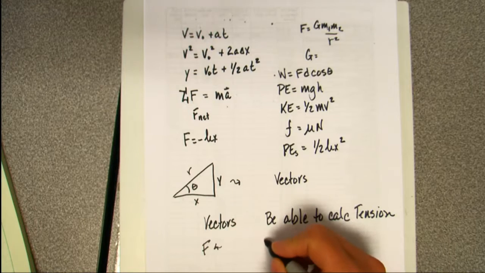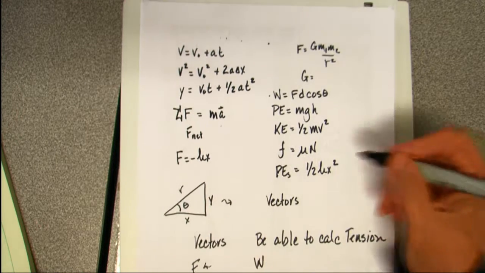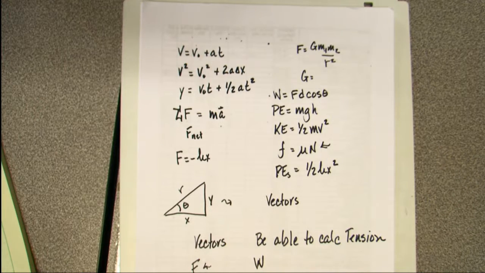You want to look at work and be able to calculate the work given certain aspects. I'm getting ready to do the loop-to-loop problem to kind of look at that part of it. You want to look at conservation of energy and be able to use it. You may have to include friction and you may not have to include friction.